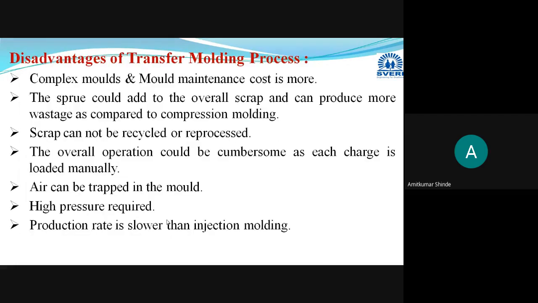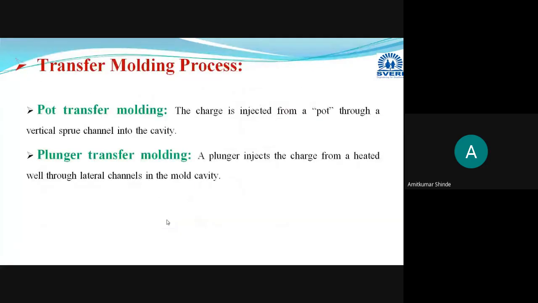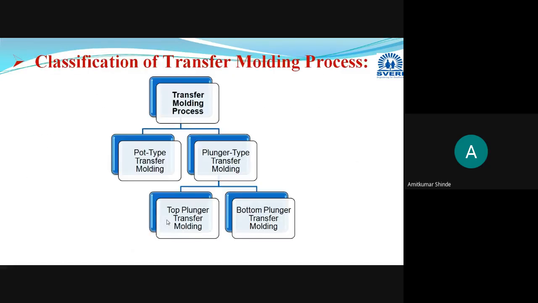Then advantages, disadvantages, and applications of transfer molding processes. Then classification of transfer molding process into pot type and plunger type transfer molding process, depending on the transfer of the charge from the transfer pot into the mold cavity.